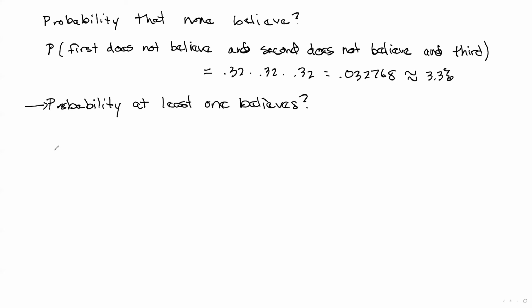The way to look at it is that at least one believes is the opposite of none believing. So if you think about none believing, the first does not believe, the second does not believe, the third does not believe, the opposite of that is that one or more of them believes. So this is the complement of none believe.